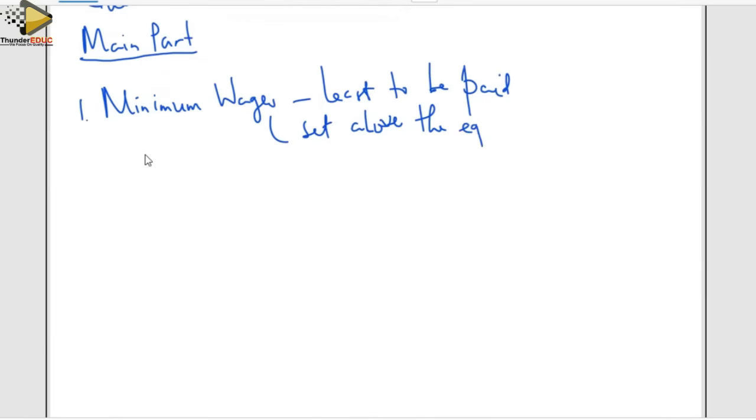So let's look at it from the open perspective of the question. We are saying factors of production are not easily movable.